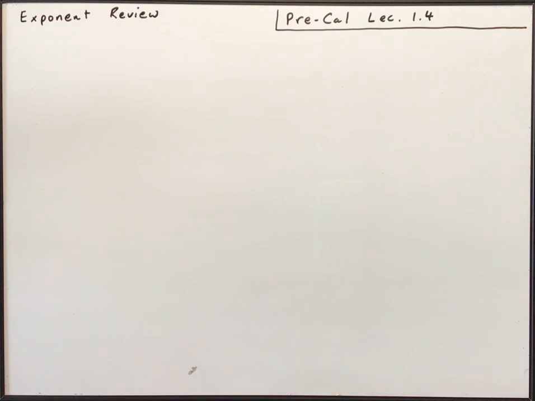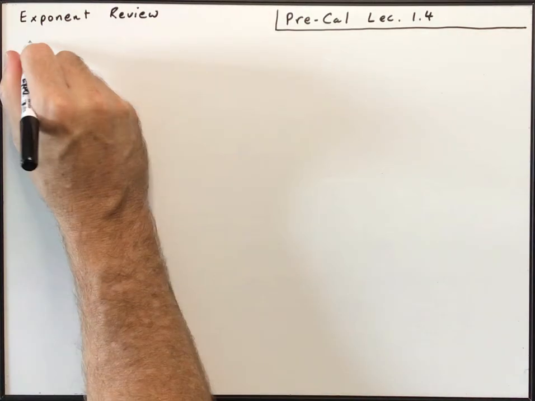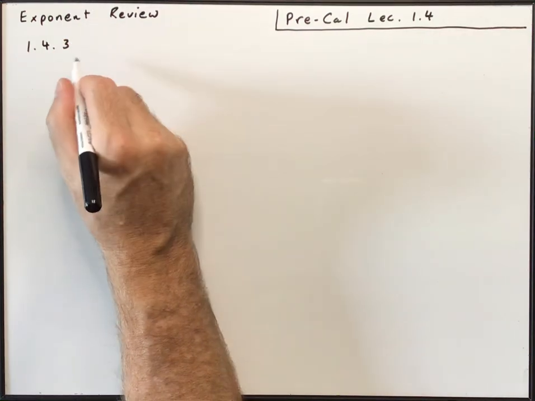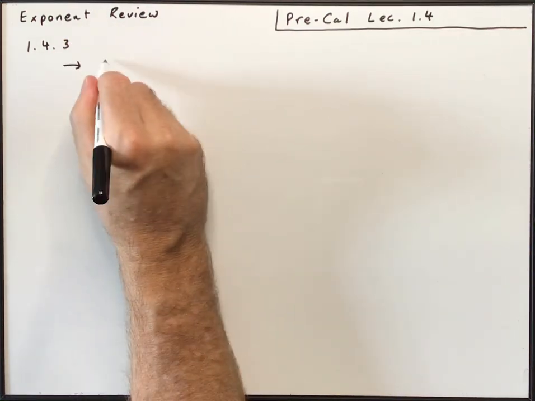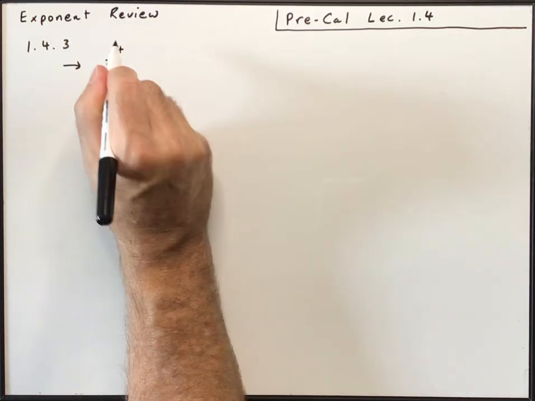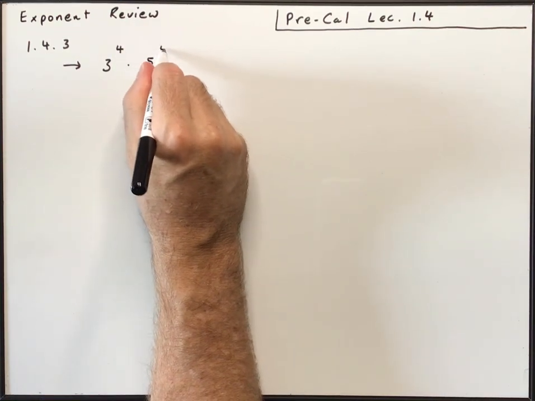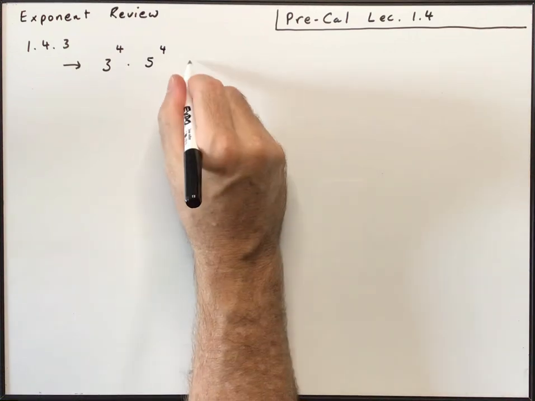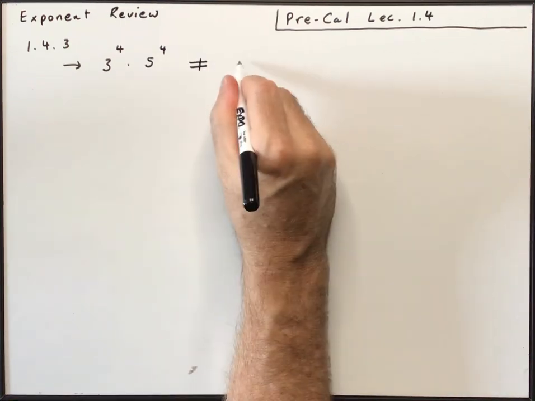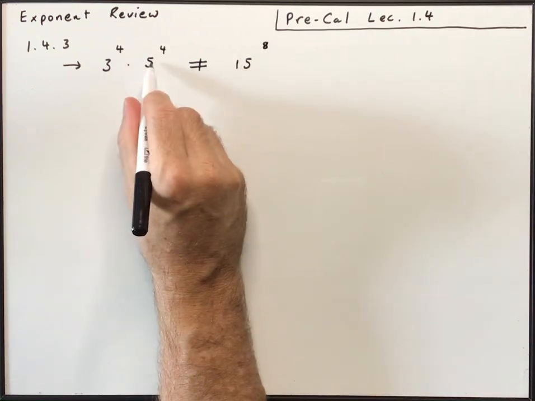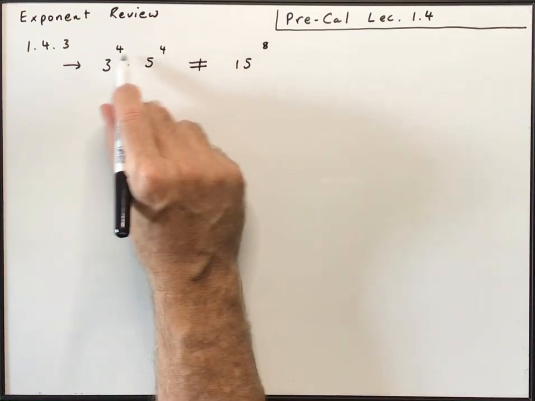Okay, let's try. So we're still within 1.4.3. Let's say we have 3 to the 4th times 5 to the 4th. So different bases. That does not equal 15 to the 8th. You don't multiply the bases and then add the exponents.